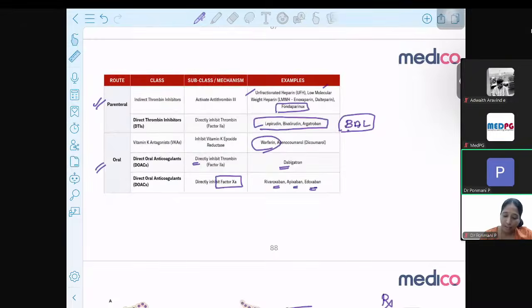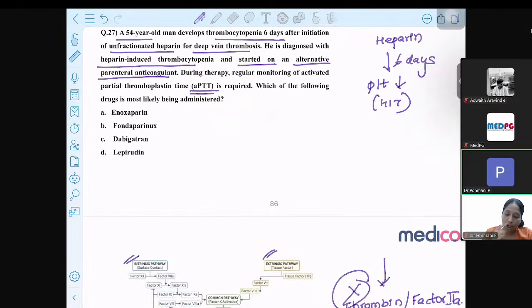So now let us look at the options given above. Which of the following drugs is most likely to be administered? We should administer a direct parenteral anticoagulant. We should not give heparin derivatives such as low molecular weight heparin. Instead, you can go for lepirudin. Remember, if you have two options, lepirudin and bivalirudin, what will you choose?